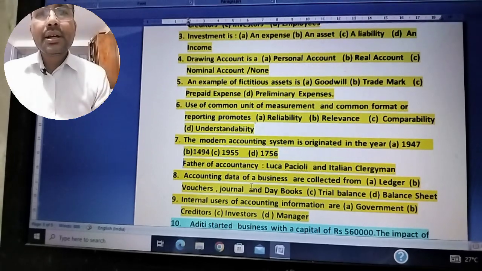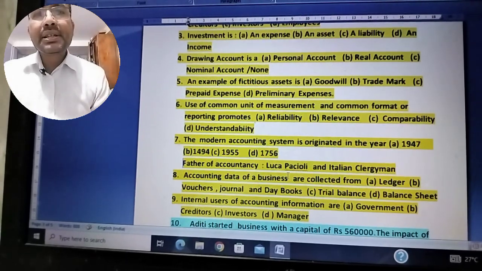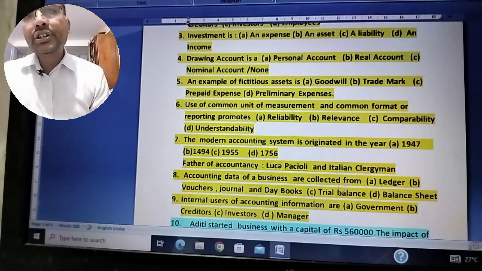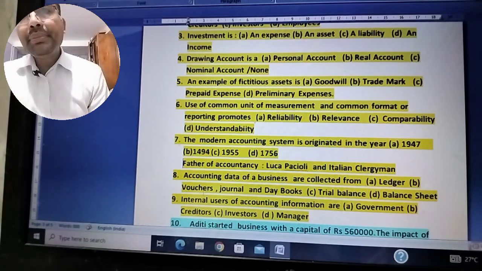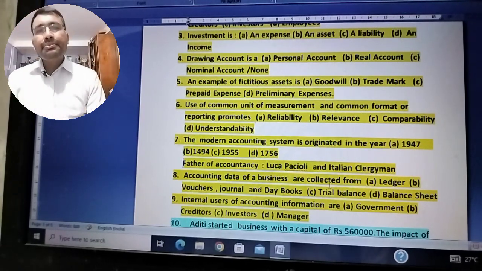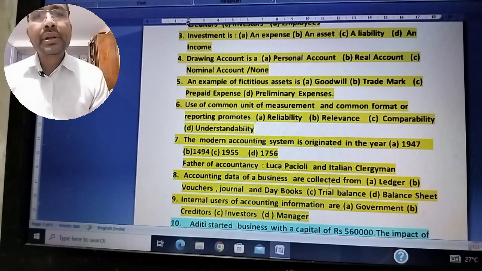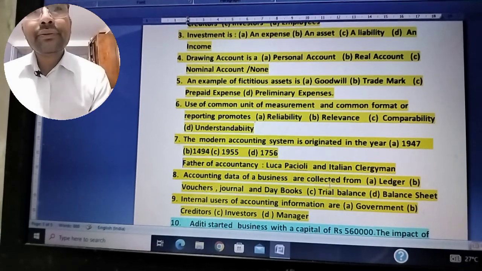And question number 8, accounting data of a business are collected from: A, ledger; B, vouchers, journal and day books; C, trial balance and balance sheet. See, accounting data, while preparing the trial balance, while preparing the final accounts, what are the sources of information?